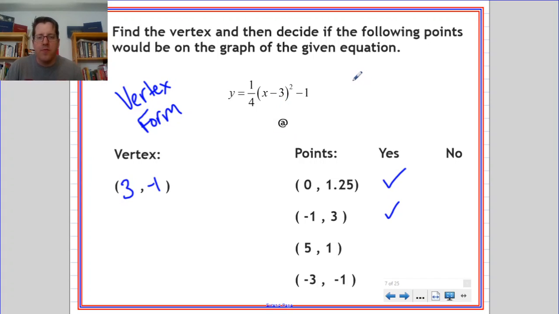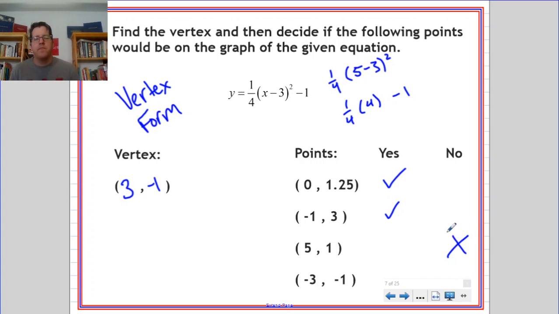When I plug in 5, oh, that's not what I want, is it? 5 minus 3 is 2. 2 squared is 4. One-fourth of that is 1. And 1 minus 1 is 0. This is not a solution.